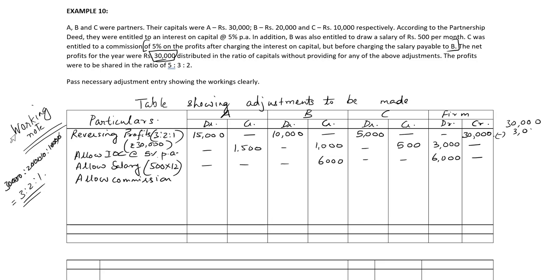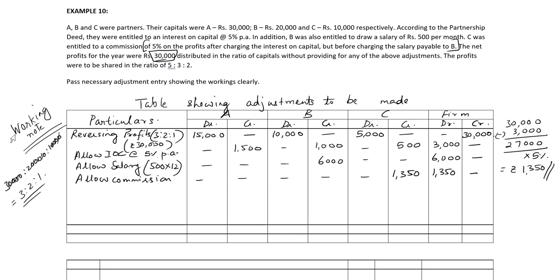So we'll deduct 3,000 and we get 27,000. C is entitled to 5% on this amount. So C's commission is equal to 1,350 rupees. So we'll give C his commission. For giving commission, we need to credit C. The total is 1,350 debit of firm.